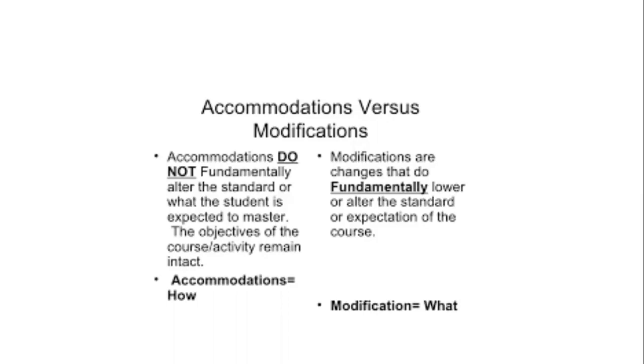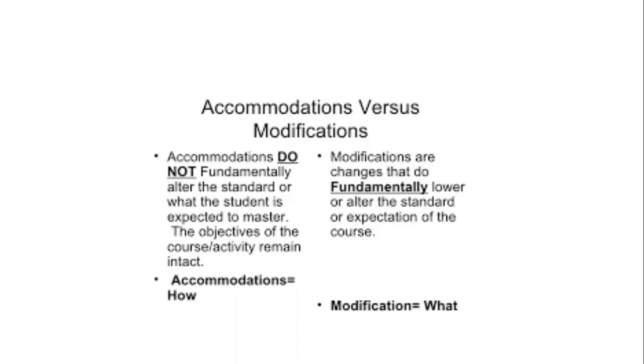A modification is changing or altering the expectation of the course, the standard of the course. So might having to lower it for a certain reason, might having to alter it, change it just a little bit, depending on the student and their needs.